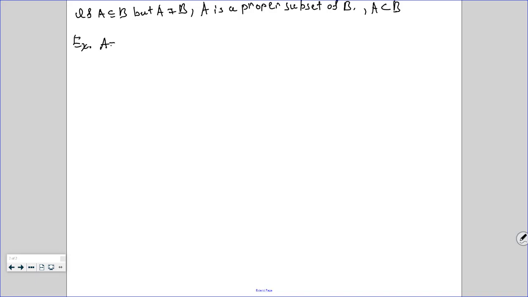Let's do one more example. Suppose A has these two elements and B, C are the following sets.